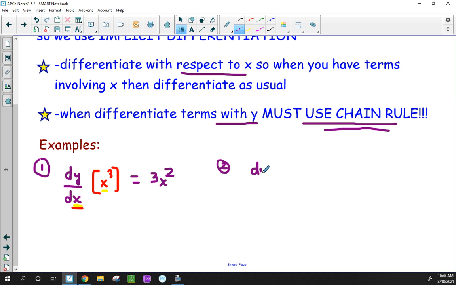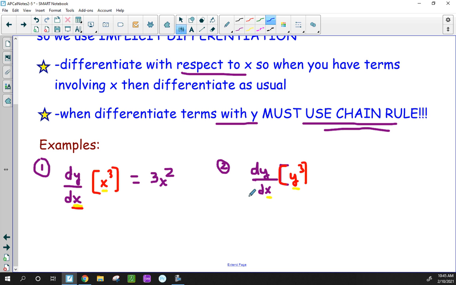Okay, now take a look at this one. Find the derivative of y with respect to x of y to the third. Please notice that with respect to x, there's not an x in the problem. And so when you differentiate terms with a y or with any other letter that's different than your x, you have to use the chain rule, especially if that's what you're trying to find.